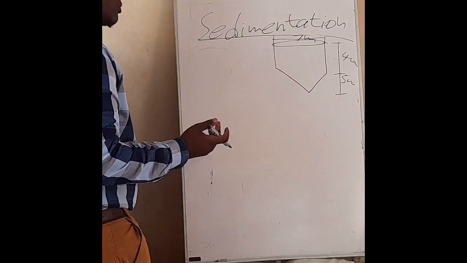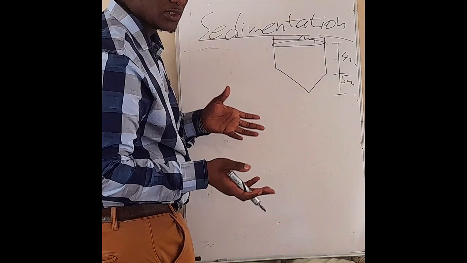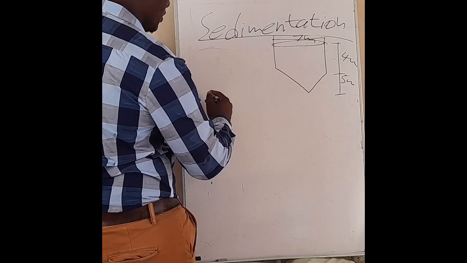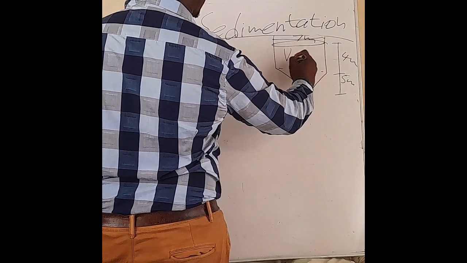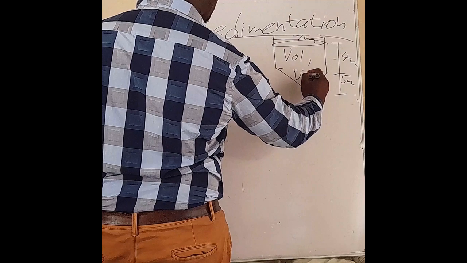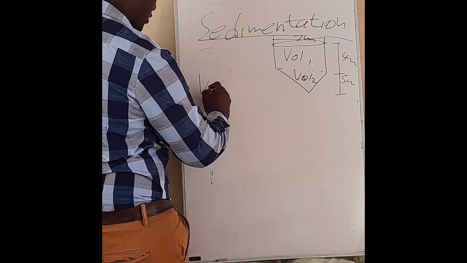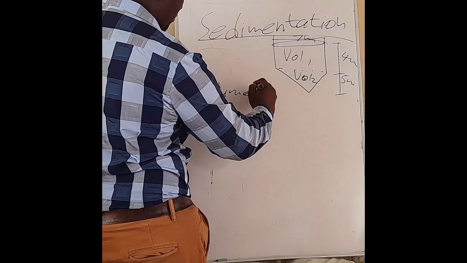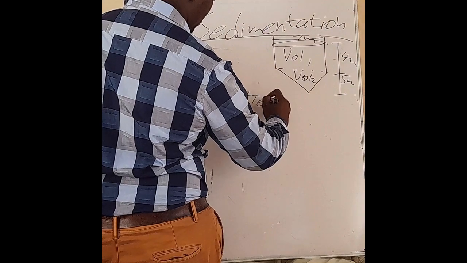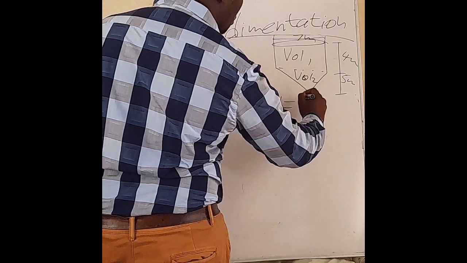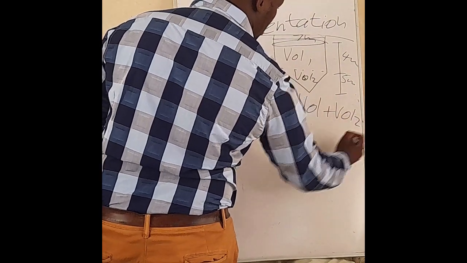So the formula that will normally be used, I like to do it in this way. I just find it a bit easier, whereby I differentiate the two. I'll have volume 1 and volume 2. I'll just say that my total volume equals volume 1 plus volume number 2.